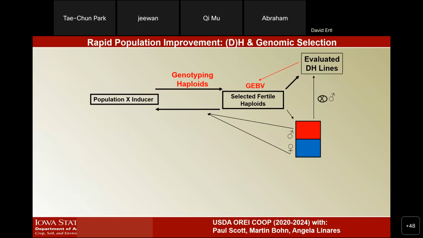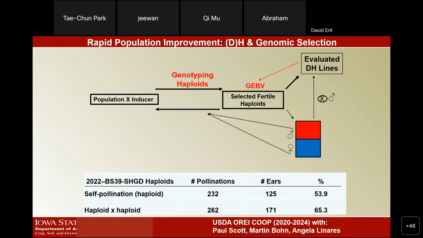We are currently testing whether this process is feasible and find encouraging results by self-pollinating those fertile haploid plants, also by crossing haploid plants with other haploid plants.